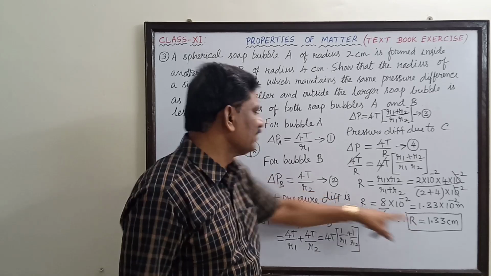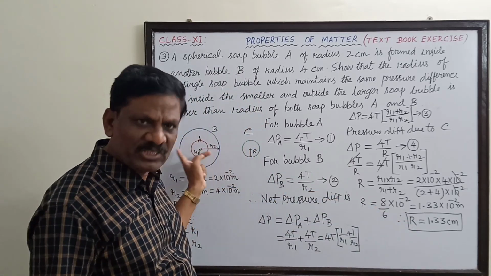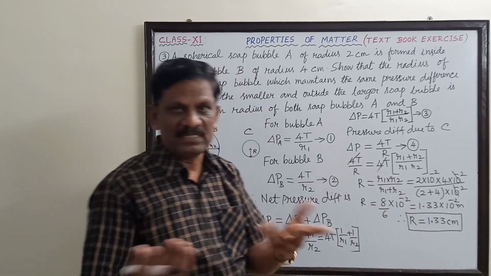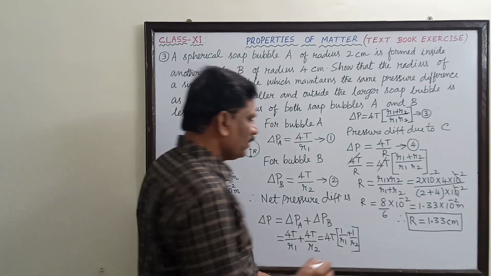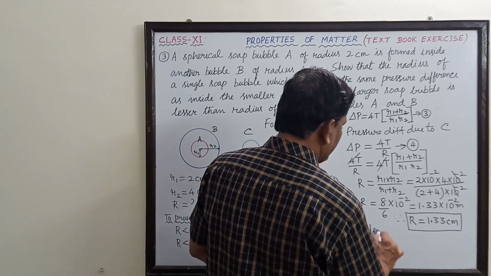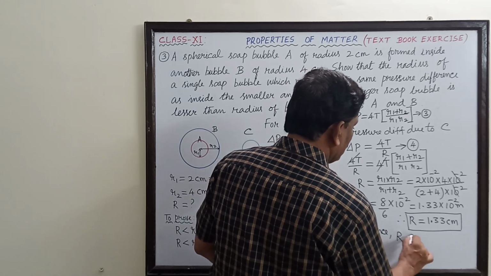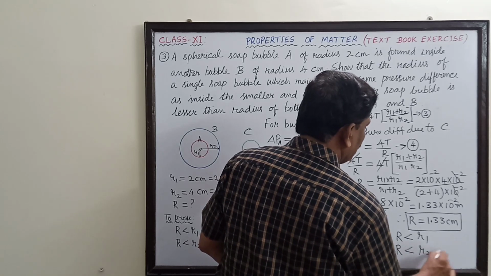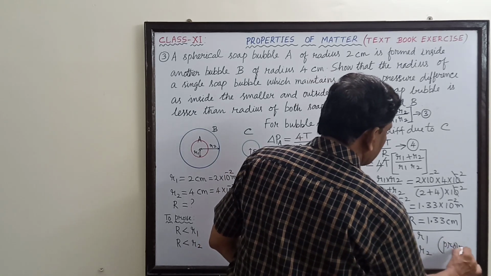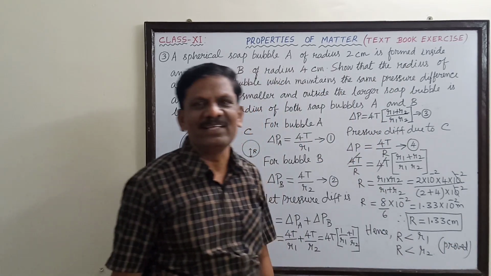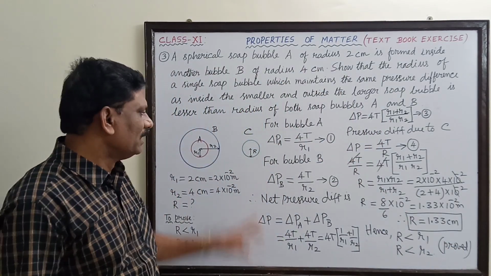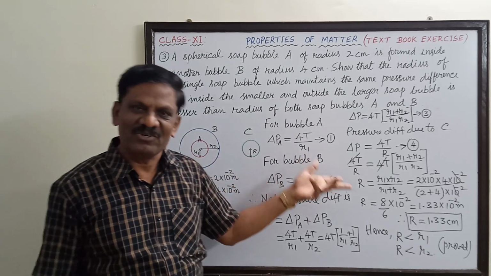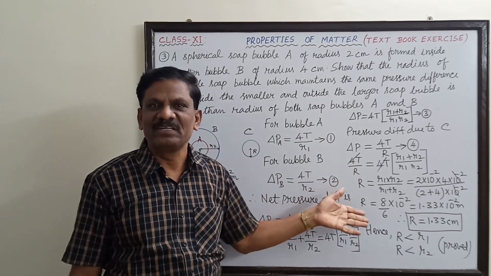The radius of the single bubble which maintains the same pressure difference we have found is 1.33 centimeter, which is less than 2 as well as less than 4. Hence R is less than R1 and also R is less than R2. So this is just like a proof. We have proved that the radius R is less than R1 as well as less than R2. I hope you have understood well. Fine.